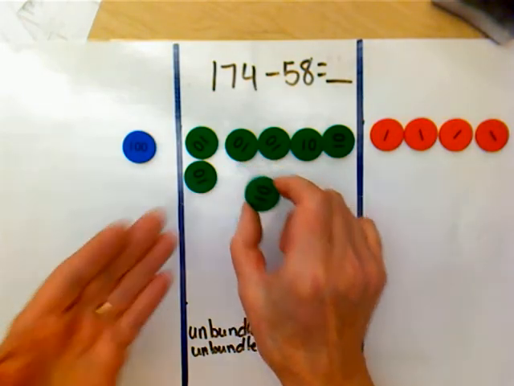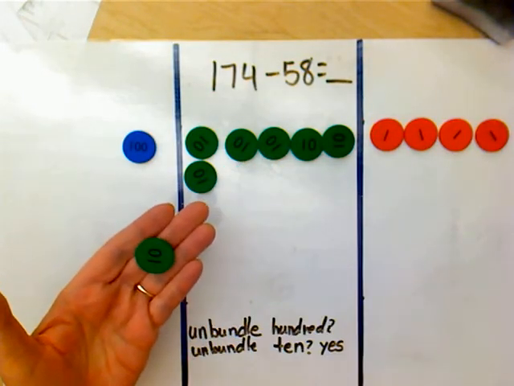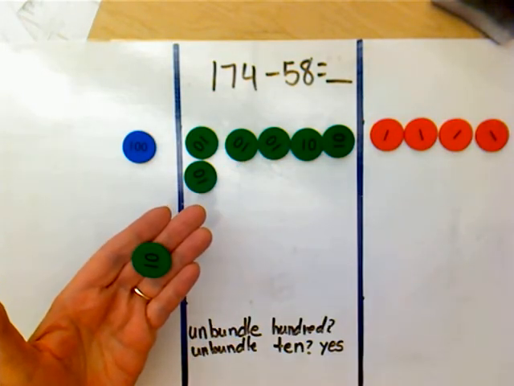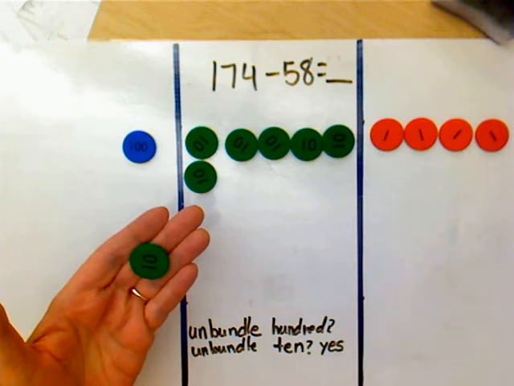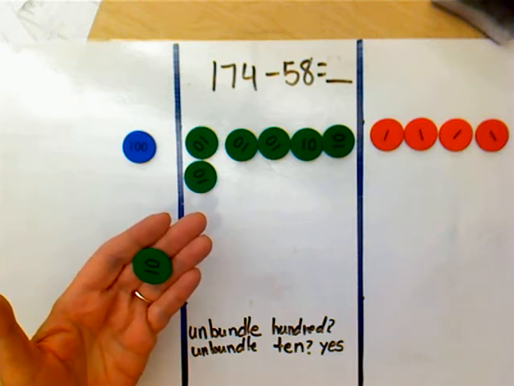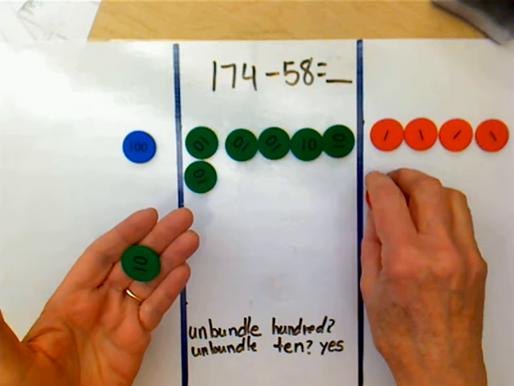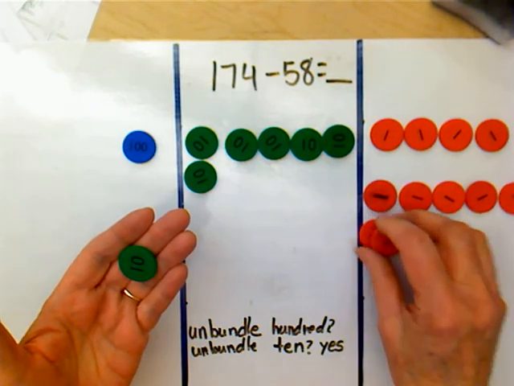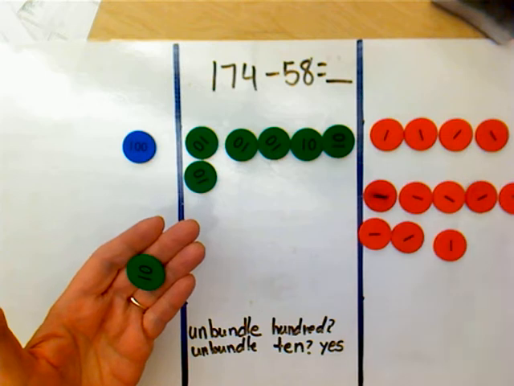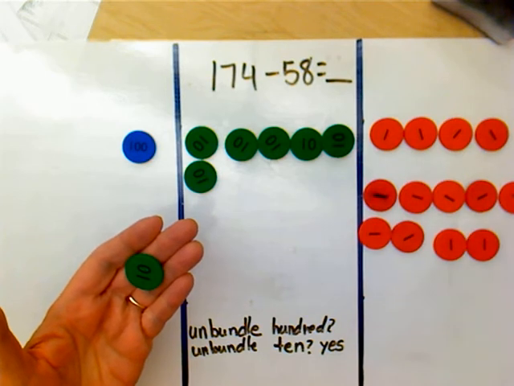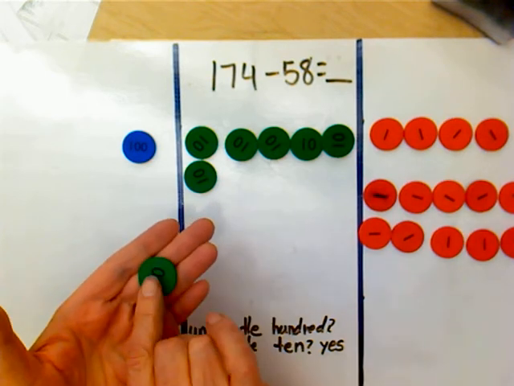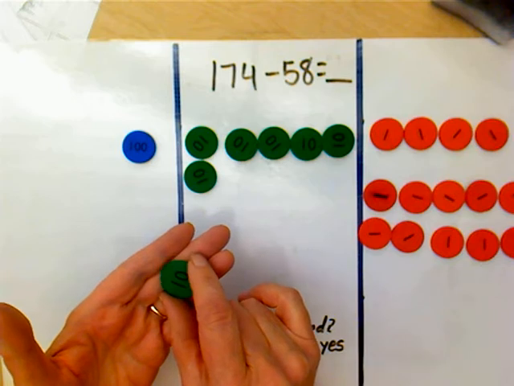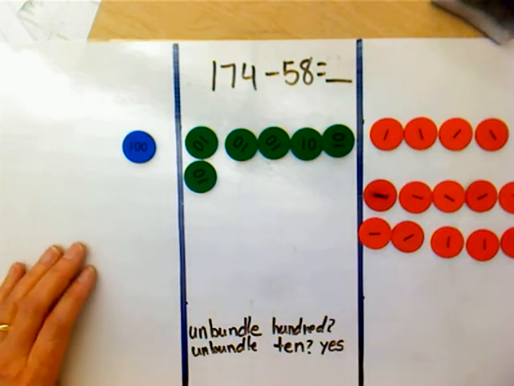So I'm going to take a 10, put it in my hand, and exchange that, unbundle that, or decompose that for 10 ones. 1, 2, 3, 4, 5, 6, 7, 8, 9, 10. So now that I have exchanged that, I'm going to put that off to the side.